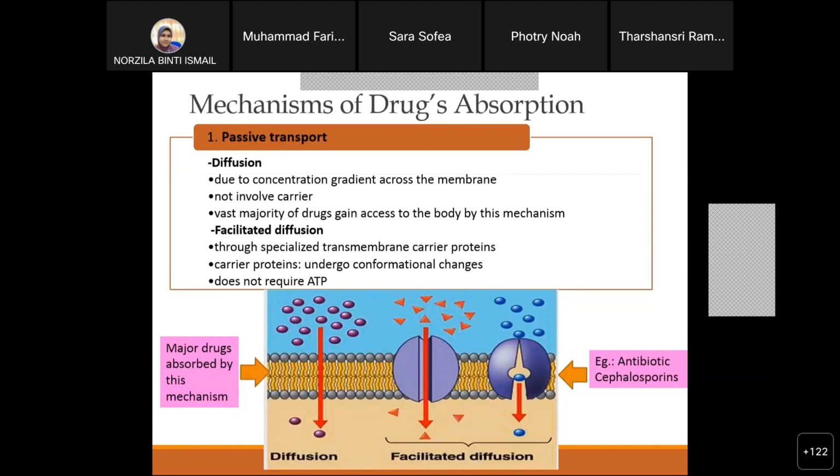The second passive transport is facilitated diffusion, which uses transmembrane carrier proteins. You can see in the picture here. This one is diffusion, which does not require membrane proteins, but facilitated diffusion uses transmembrane carrier proteins.